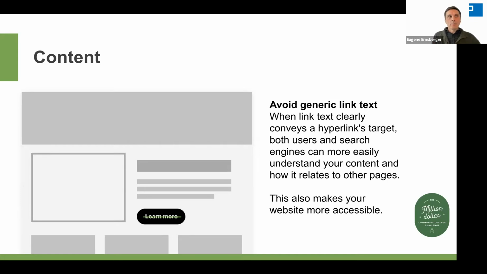So if it's an action like applying, make sure that apply is a part of that phrase. Or if it's to more content, can you give an indication of what that content's going to be? So if it's a blog article, could you indicate what it's about, to learn more about a certain thing, or read so-and-so's story. That type of approach will lead to better results.